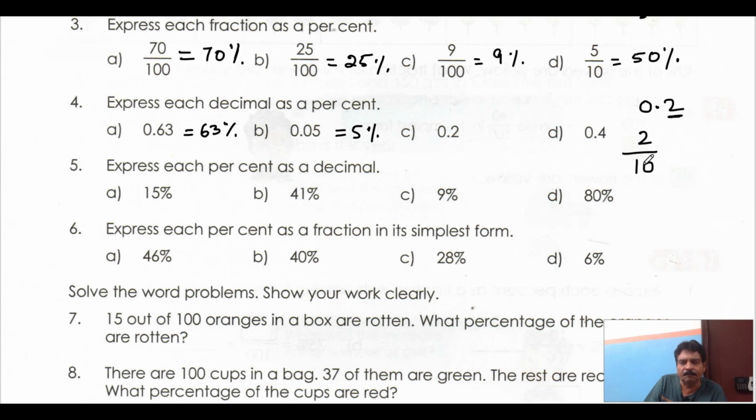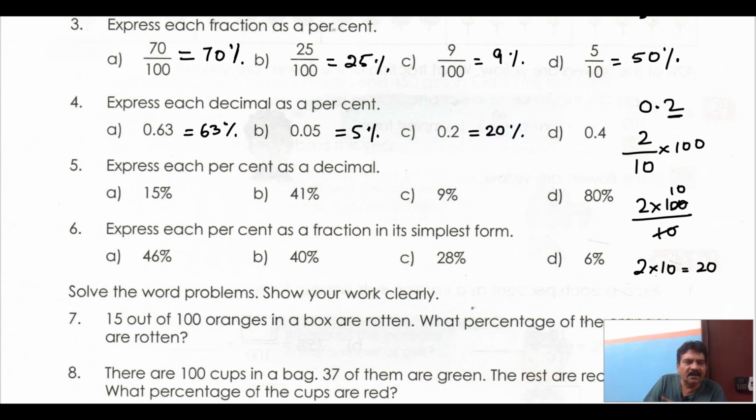Anything out of 100 is called percent. So here you have 10. That's why you multiply with 100. So it becomes 2 into 100 by 10. 10 ones are 10, 10 times. So it becomes 2 into 10 is equal to 20%. So it is going to be 20%.